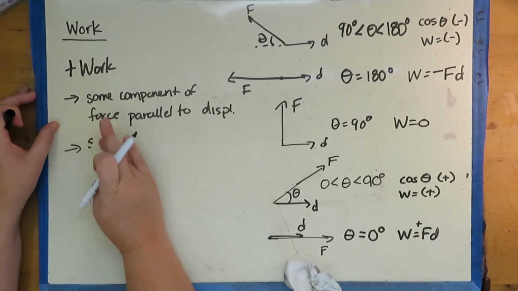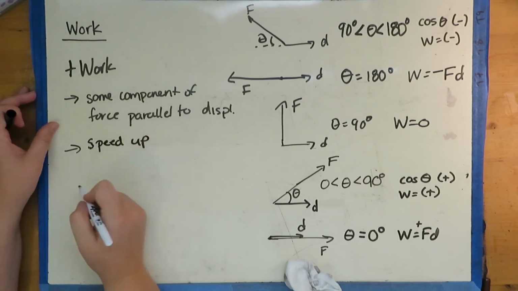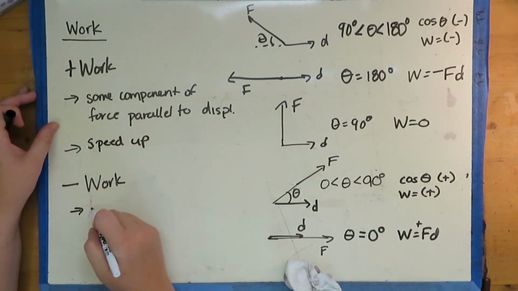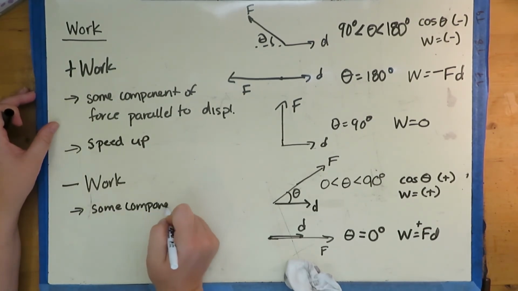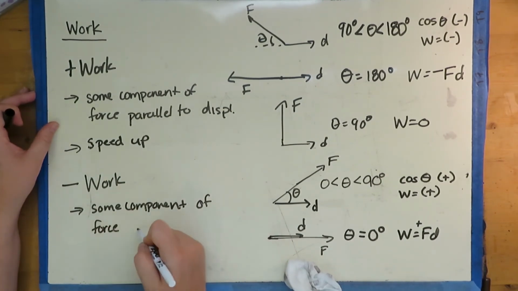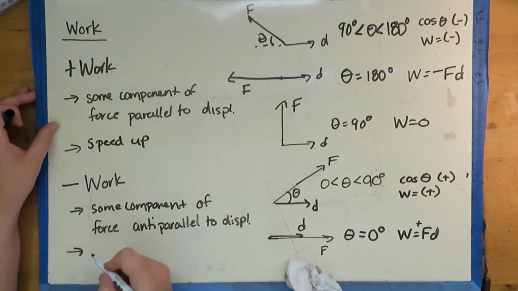We'll see why when we talk about energy. And if we have negative work, then that means that at least some component of the force is anti-parallel to the displacement. And that's going to have a tendency to cause objects to slow down.